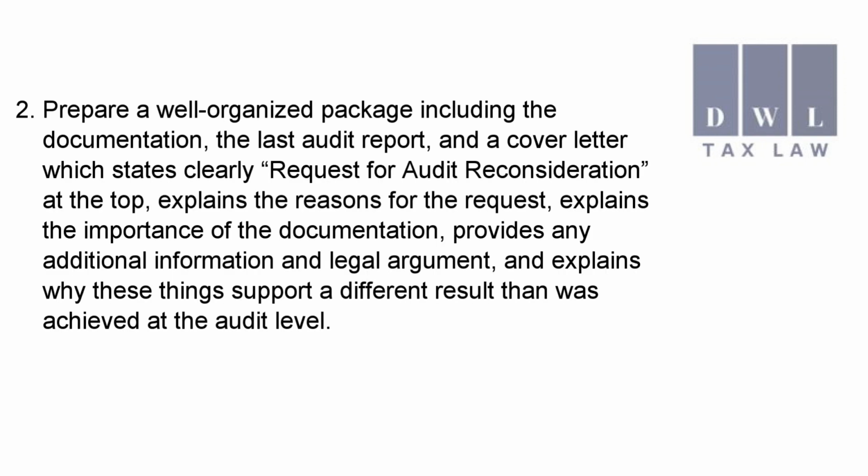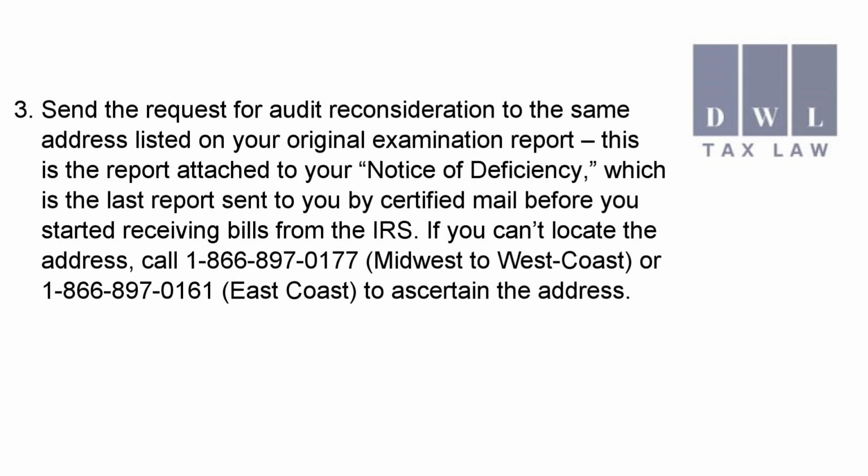Prepare a well-organized package including the documentation, the last audit report, and a cover letter which states clearly request for audit reconsideration at the top, explains the reason for the request, explains the importance of the documentation, provides any additional information and legal argument, and explains why these things support a different result than was achieved at the audit level. 3. Send the request for audit reconsideration to the same address listed on your original examination report.